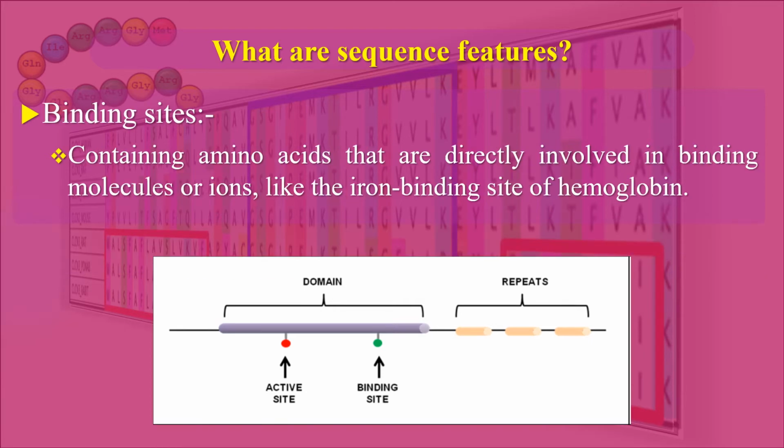Binding site contains amino acids that are directly involved in binding a molecule or ion, and so, as an example, like the iron binding site in hemoglobin.